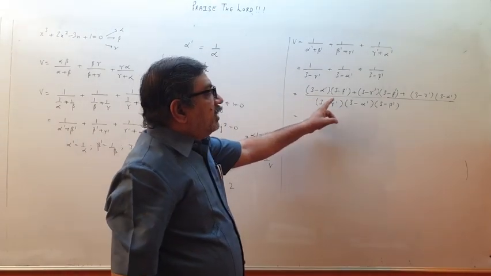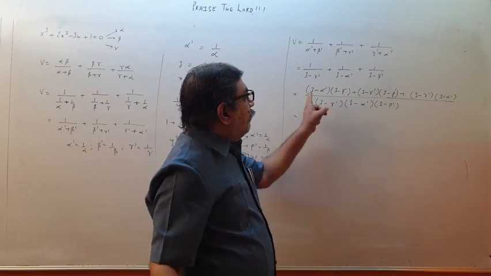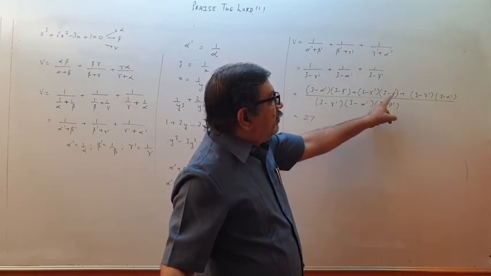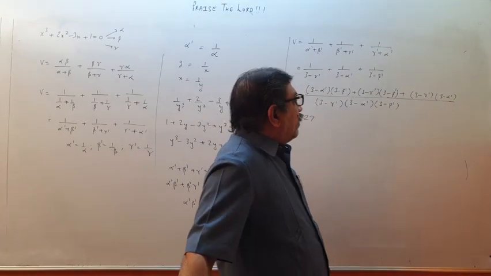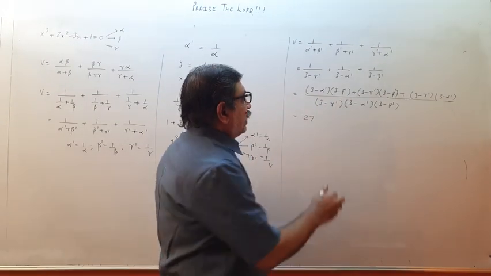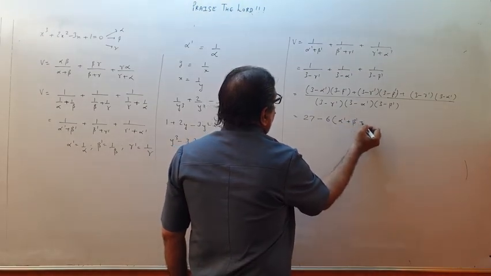Now see, 3 into 3 is 9, and 9 and 9, that will be 27. Minus 3 beta dash, minus 3 alpha dash, minus 3 gamma dash, minus 3 beta dash, minus 3 alpha dash, minus 3 gamma dash. So 3 alpha dash 2 times, 3 gamma dash 2 times and 3 beta dash 2 times. So minus 6 into alpha dash plus beta dash plus gamma dash.